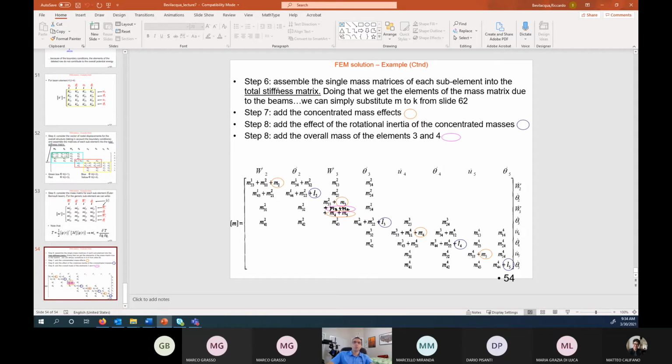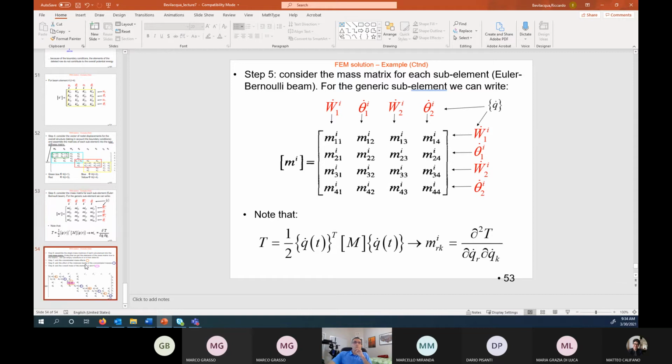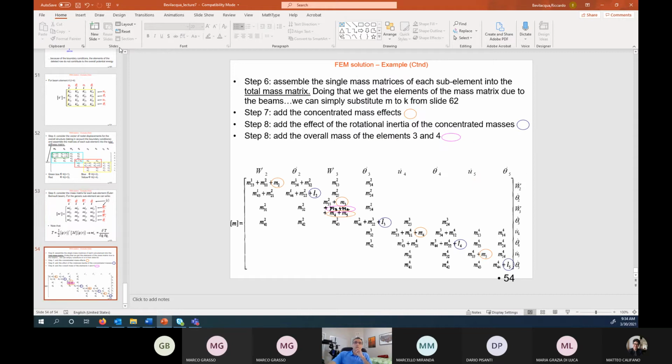I think there is a typo here, into the total mass matrix, okay? So the steps are exactly the same, except now you have the time derivatives of the variables, and you add together the contributions of the single matrices into the corresponding elements here.